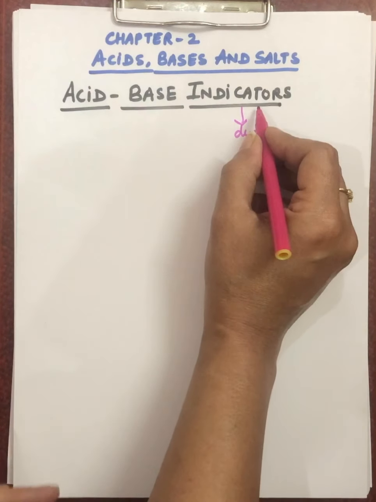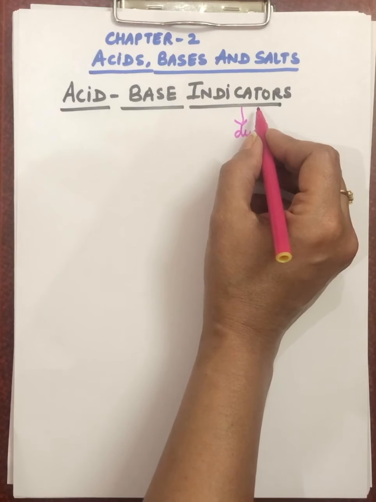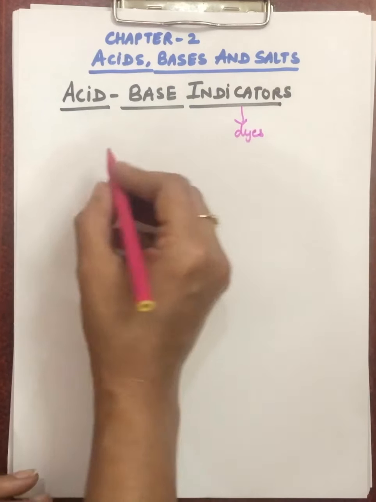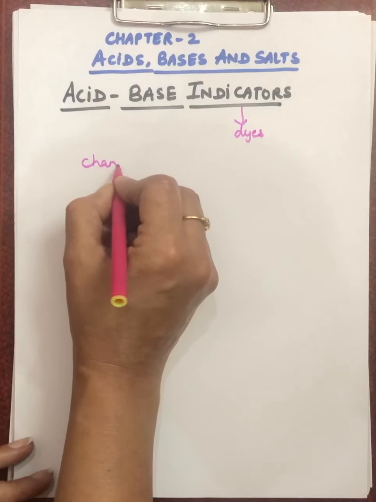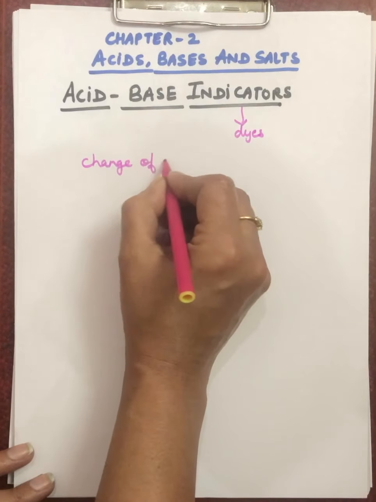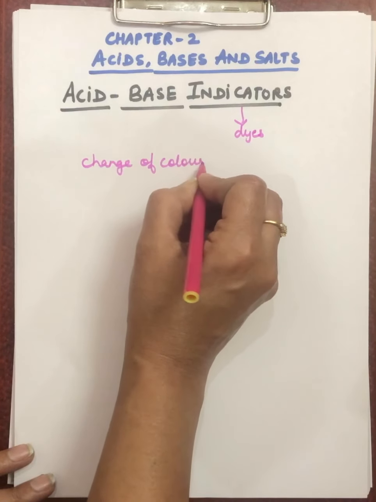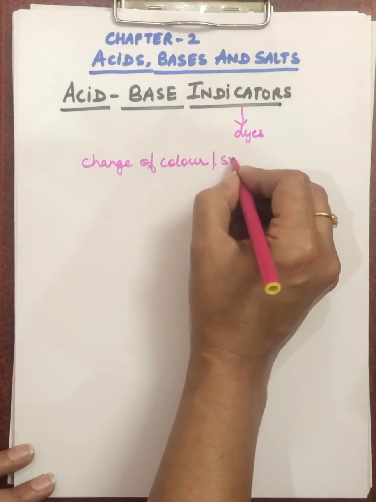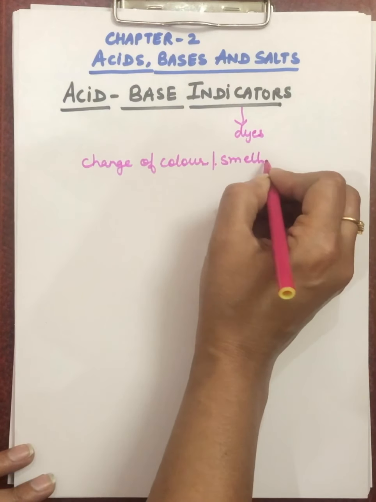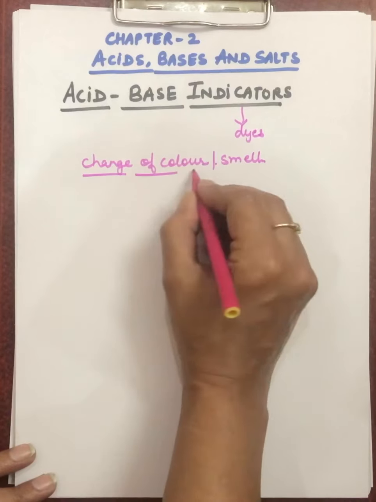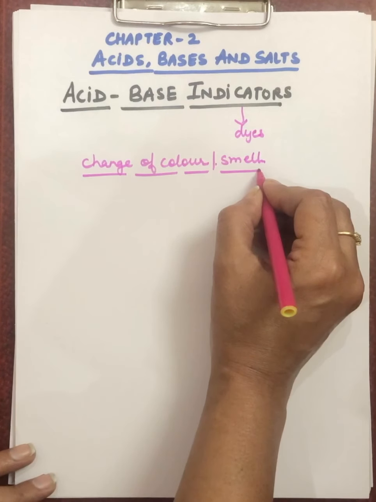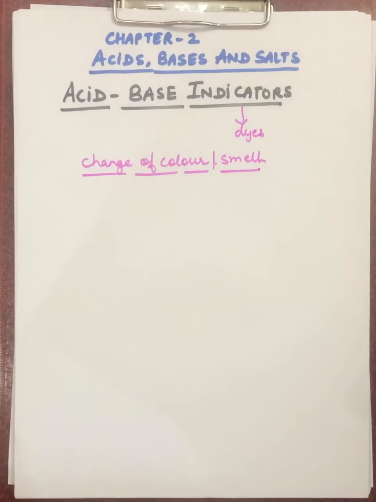And they indicate that the given substance is acidic or basic in nature. How? By change of color or smell. They tell us whether the given substance is acidic or basic in nature.